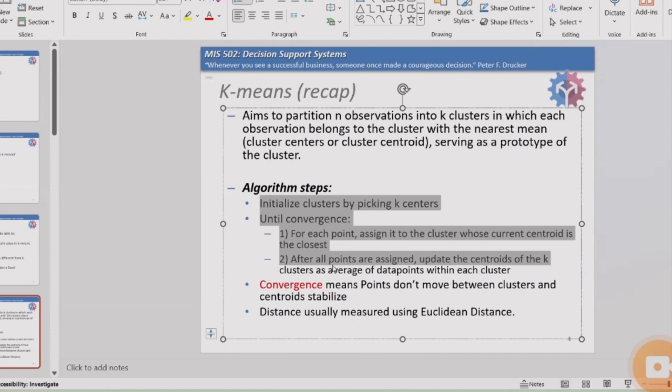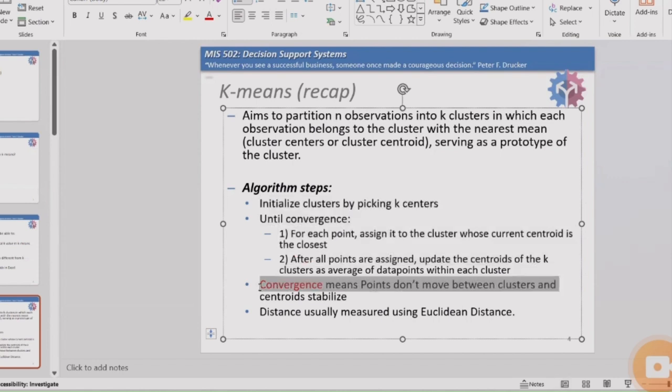You find distances, you measure centroids, you update centroids. Now, one of the concepts that you must understand is the concept of convergence. Convergence means that when you go through the first iteration, second iteration, third iteration, eventually the center will stop changing. When the center stops changing, this is what you call convergence.